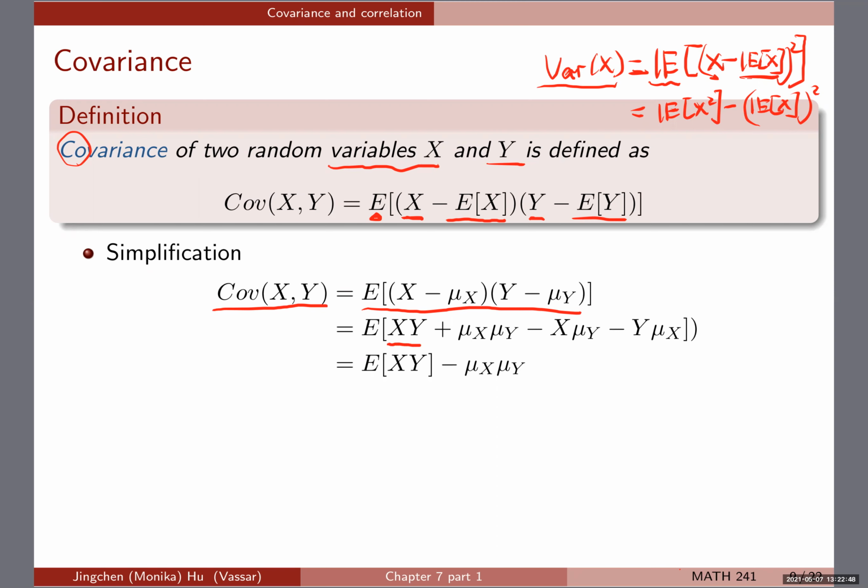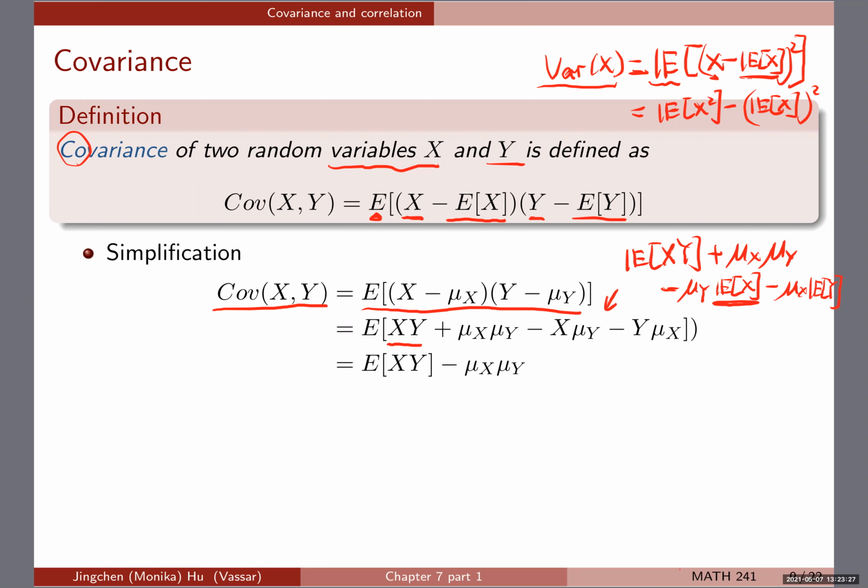So you're going to have the expectation of XY plus mu X mu Y minus X mu Y minus Y mu X. If we break it down with one more step, what you have is the expectation of XY, plus the expectation of mu X mu Y, which is already an expected value, so you just have mu X mu Y. For the third term, mu Y is a constant, so you have this, and then the fourth term is this.